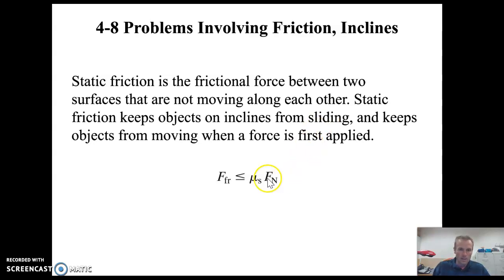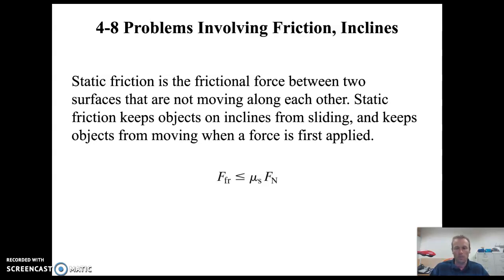An interesting thing that static friction does is, instead of seeing an equal sign, we see an inequality, a less than or equal to sign, meaning that static friction, sort of like the normal force, has the ability to fluctuate. So if there's no force pushing horizontally, let's say it's a box sitting on a table, well, the static friction is zero.